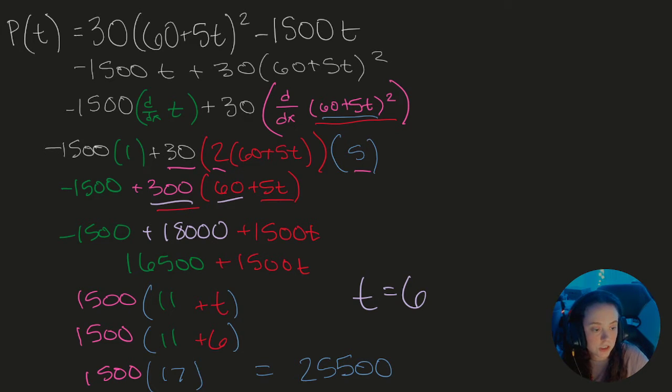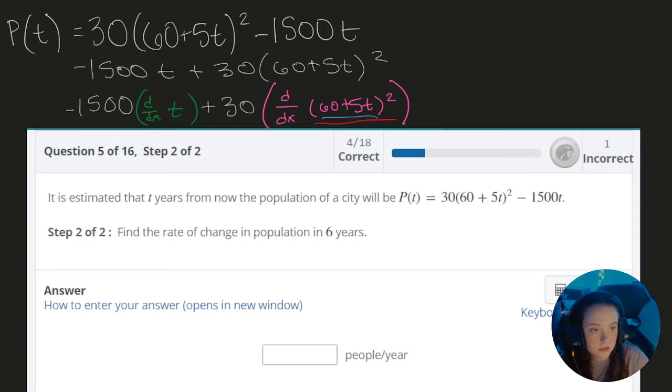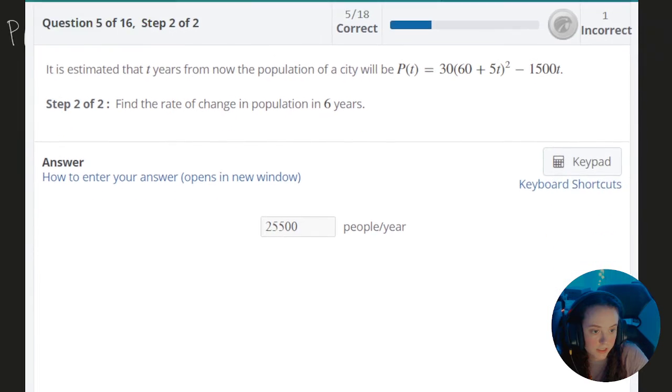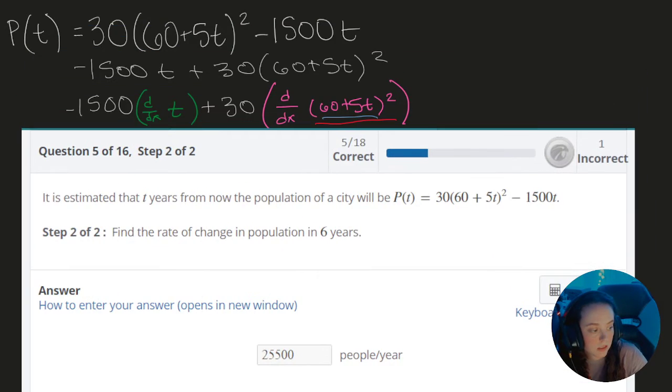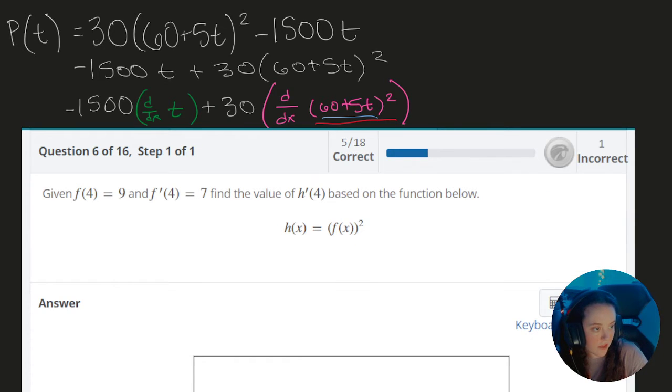Rate of change just equals the slope or derivative. So this one should be the 25,500. And it is correct this time. Again, some of these things really just make you overthink things. Okay?